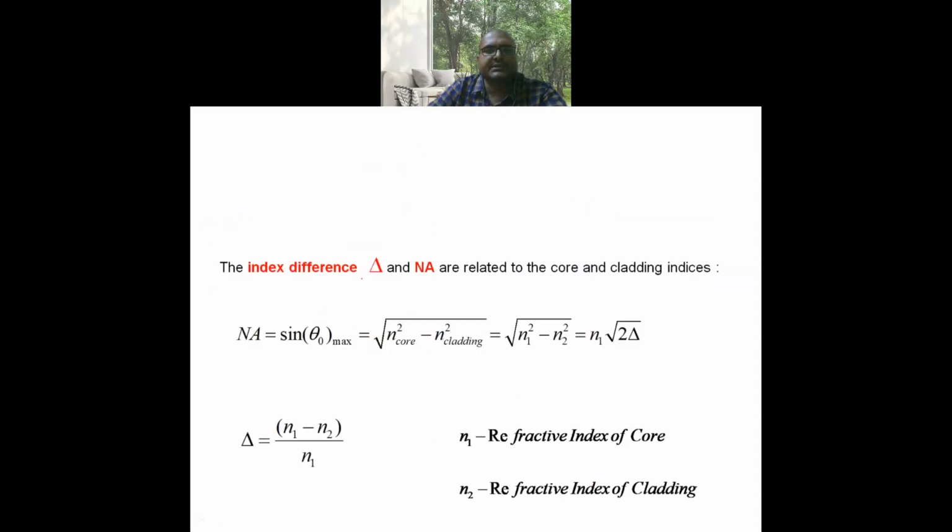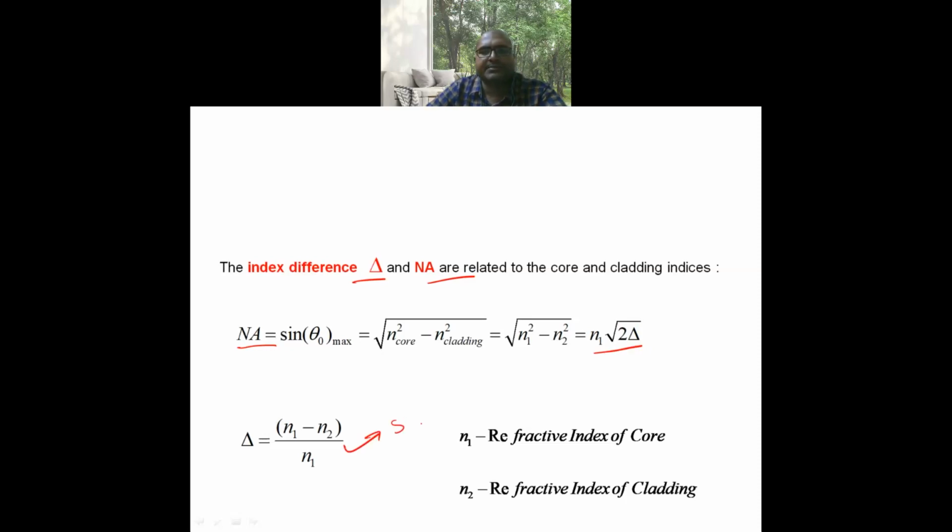Here, the index difference delta and numerical aperture are related to the core and cladding indices: NA is equal to n1 root 2 delta, where delta is equal to (n1 minus n2) by n1.